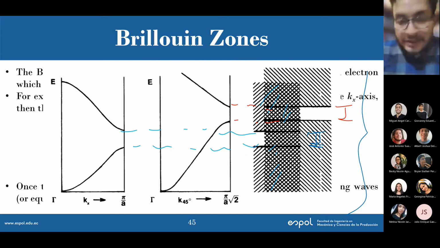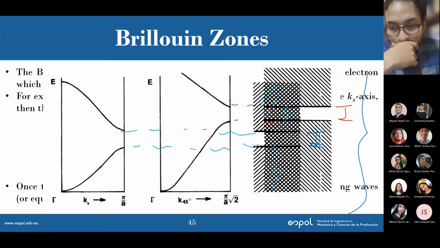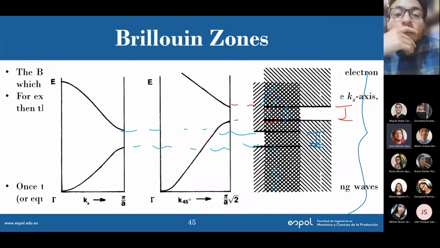Is this clear, guys? With this application of Brillouin zones, we can differentiate these overlapping energy bands of the metals from other materials like ceramics or polymers. This is the meaning of this.